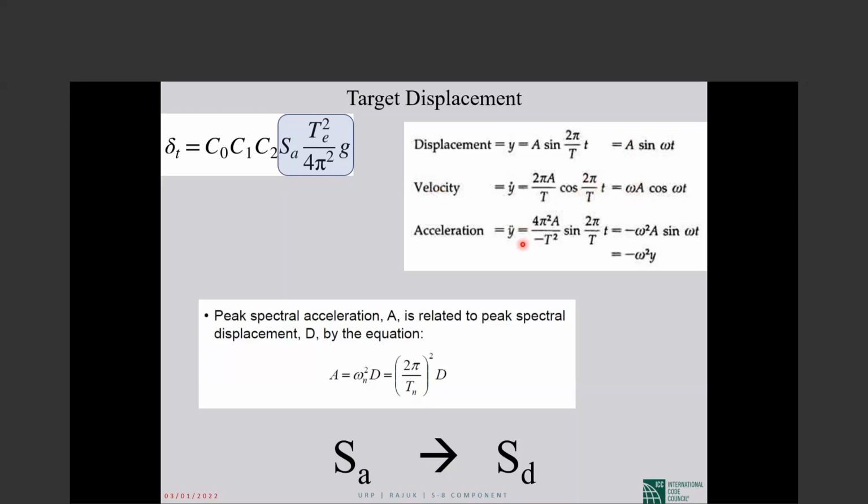And of course, another derivative, then it becomes omega squared times A, and so absolute value, the sign is not important. So the maximum acceleration is omega squared A, velocity is omega A, displacement is A. So for harmonic motion, there is a very nice relation between maximum acceleration, maximum velocity, maximum displacement.